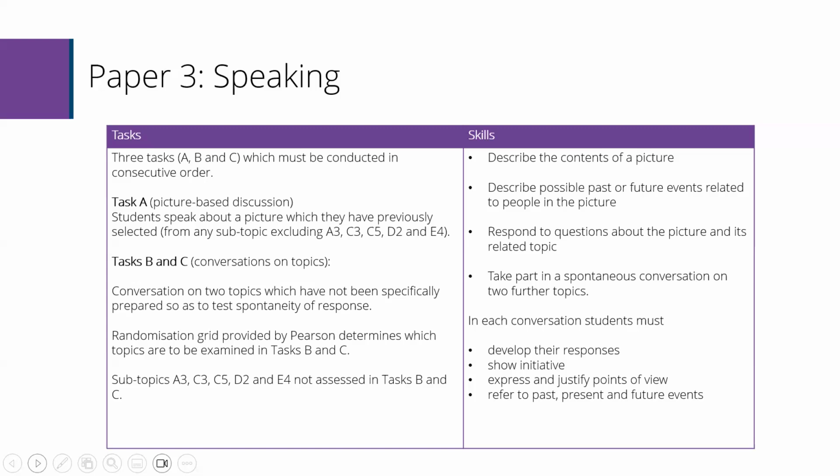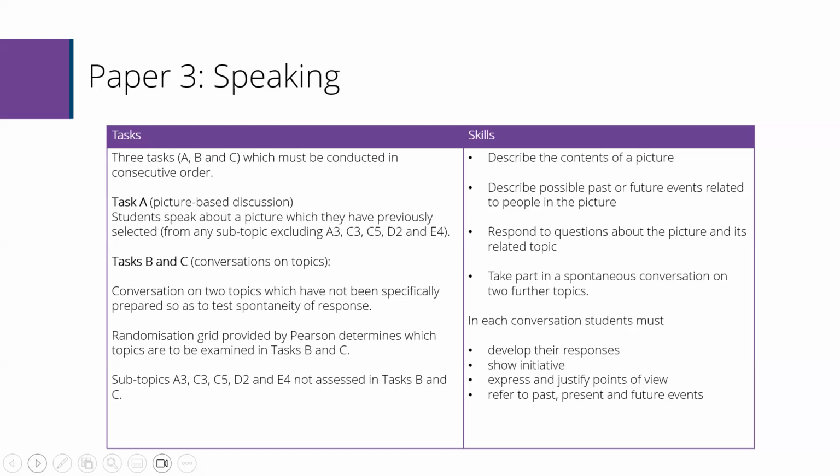Okay. So again, you might want to think about how students develop their responses. If they're talking about past narration, something that happened in the past, it's not just me, it's also myself and somebody else. I did this, I went there, and my sister, my brother, my dad, they did something else.